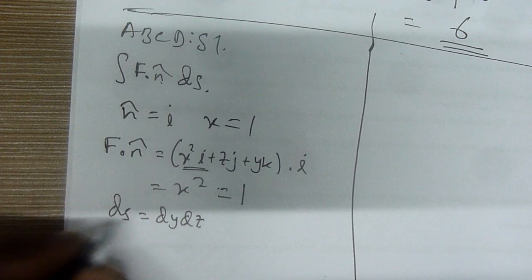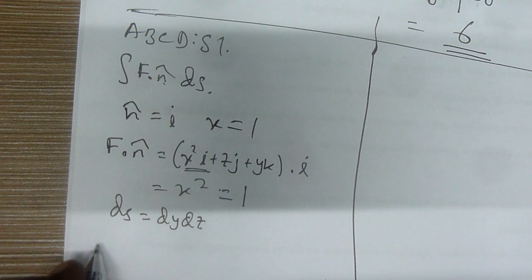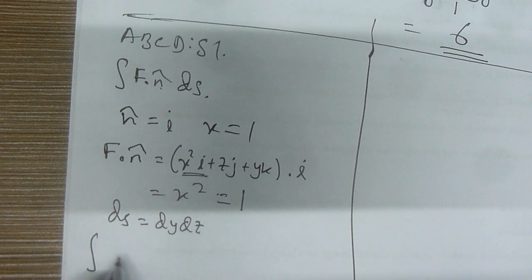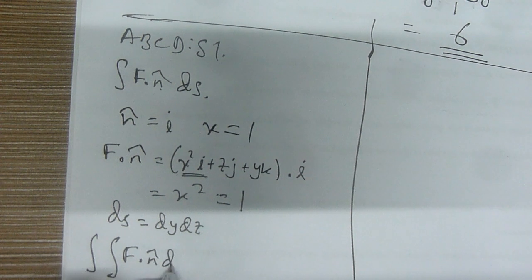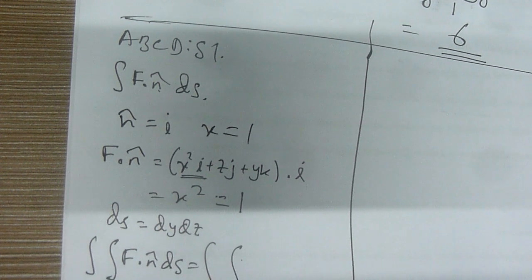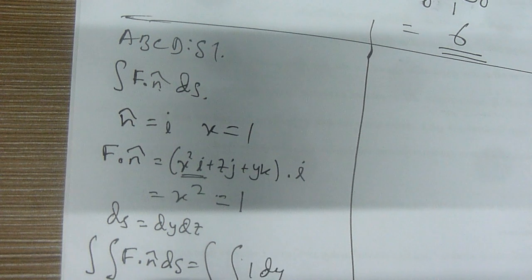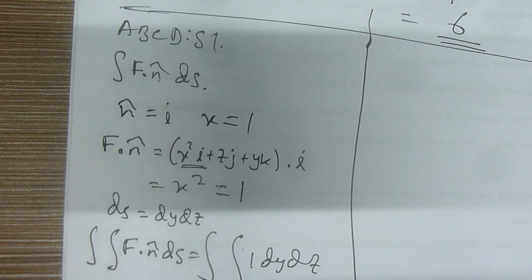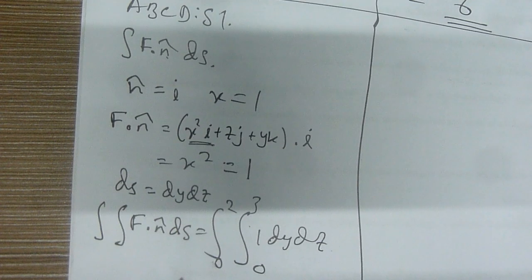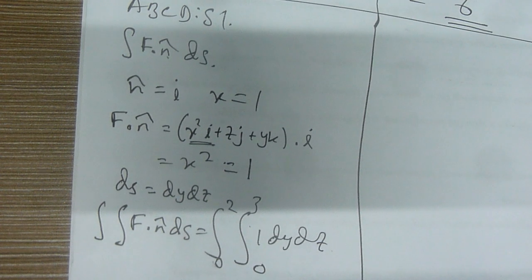Can we calculate that? Yes, very fast you can calculate. For surprise, some students will just get shocked. Hey, come on, very fast we get this solution, dy dz. And what is the maximum point here? It's 2 to 0, 3 to 0. Then when you solve this, you get 6.